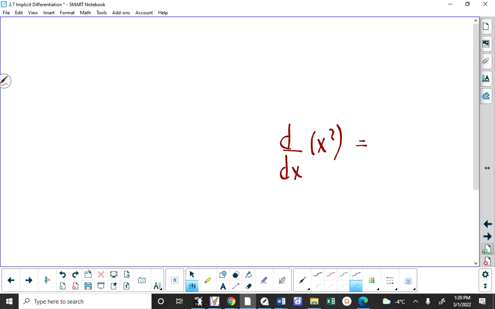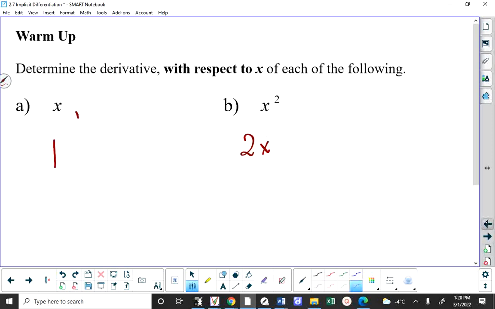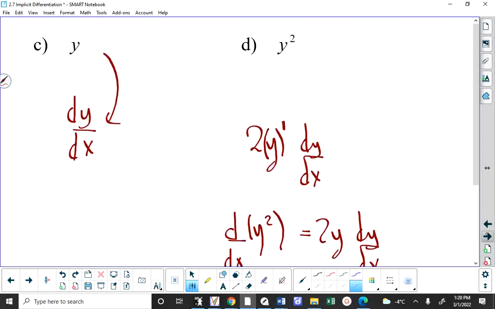We wrap the 2 around the x, we drop 1 from the exponent, and then we multiply by the derivative of what we wrapped the exponent around. But we wrap the exponent around x, and the derivative of x is 1. But if we're wrapping the exponent around y, you have to multiply by the derivative of y, which is not 1. The derivative of y is dy dx.